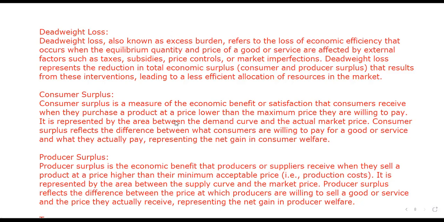So we also talked about important issues like taxes and subsidies. What are taxes and what are subsidies?